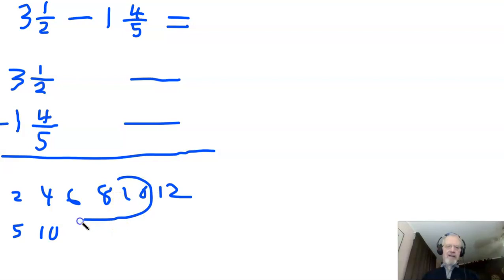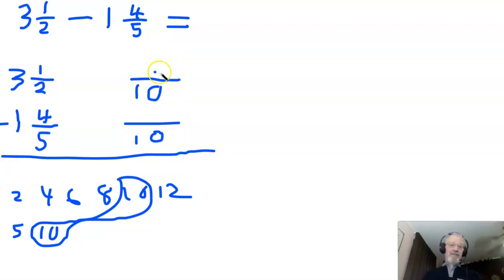I've got a common multiple. 10 is in both of them. There's nothing else in both of them, and that's the least common multiple, and so that's my least common denominator. That is what goes there, and that's what goes there.